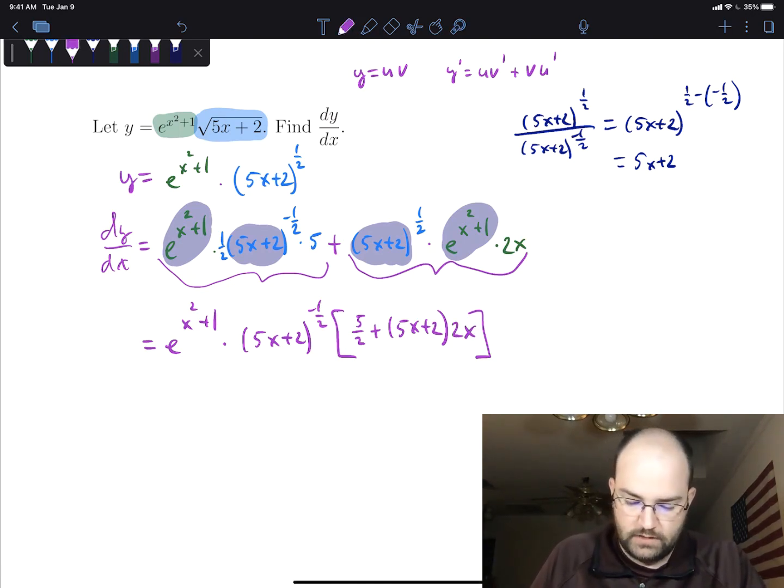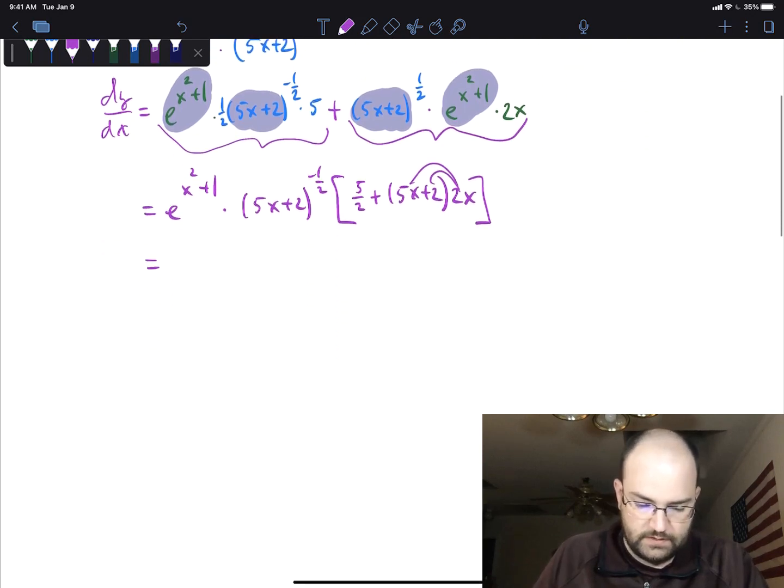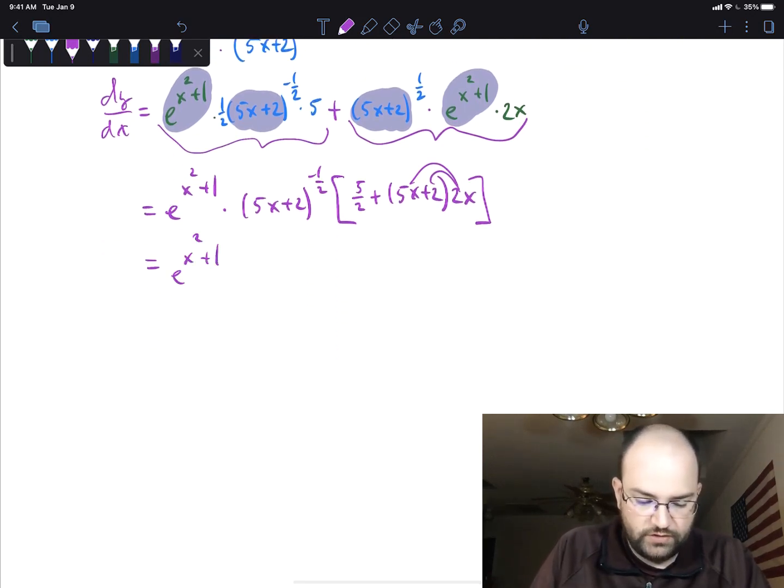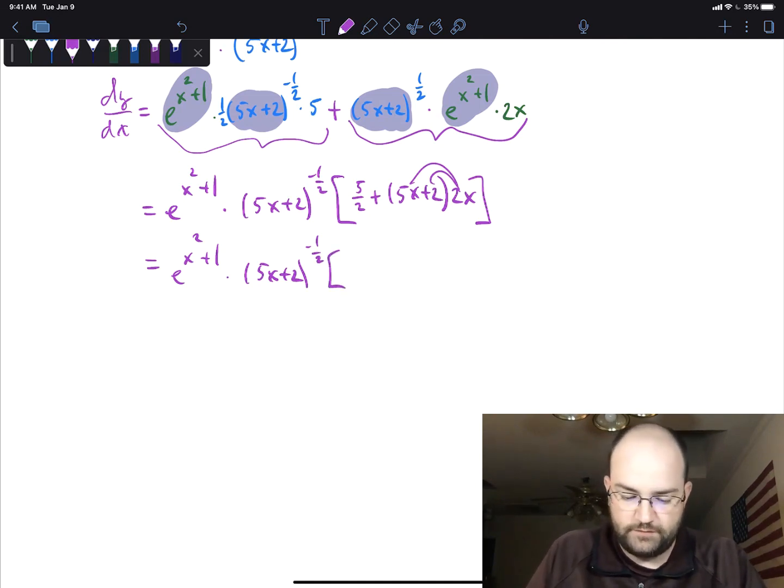Good. Now distribute. And then let's go from there. Notice that we have e to the (x squared plus 1), and then times (5x + 2) to the minus a half power, and then times what's in the parentheses here. Well, first of all, we have the 5 halves, and then distributing the 2x, that gives us plus 10x squared plus 4x.